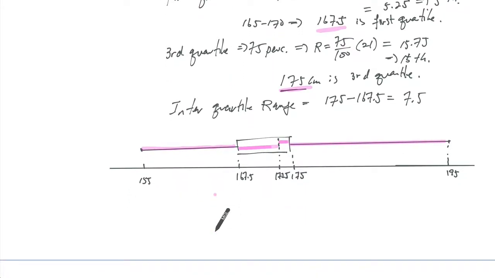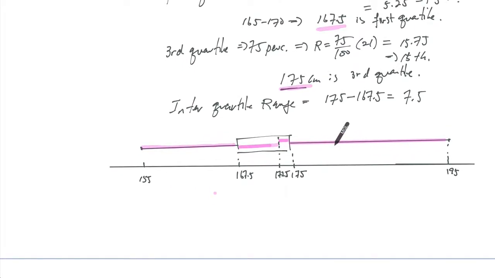An outlier is defined to be numbers that are more than 1.5 times the interquartile range away from the first quartile or the third quartile. So this length here, if you stretch it this way visually, that's 1 times, and then we go another half of that.